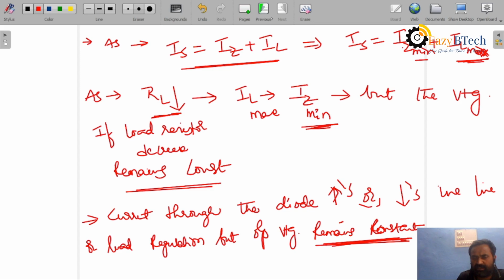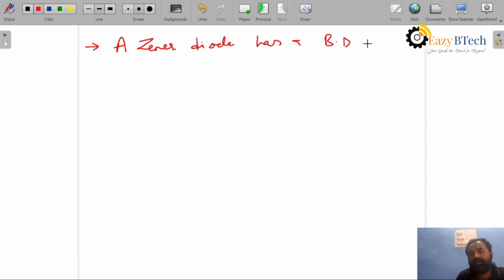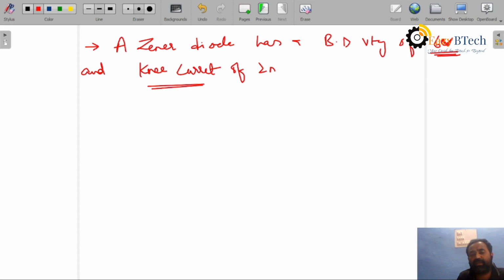Okay, students, we will see a small example. A Zener diode has a breakdown voltage of 6 volts and a knee current of 2 milliamperes.